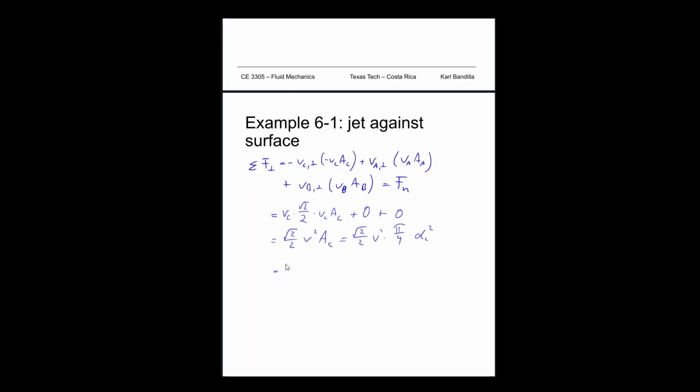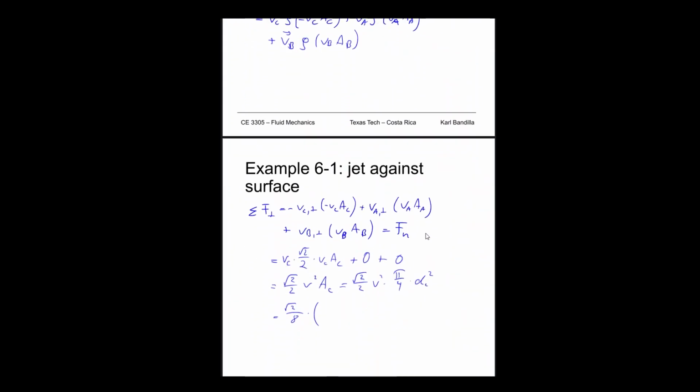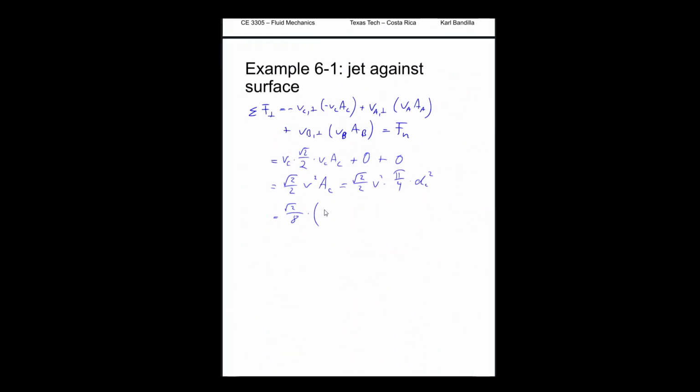So it'd be square root of 2, 4 times 2 is 8, times the velocity coming in was 4 meters per second. Let's not forget that we need to raise that to the second power. And then times pi, and then times DC.